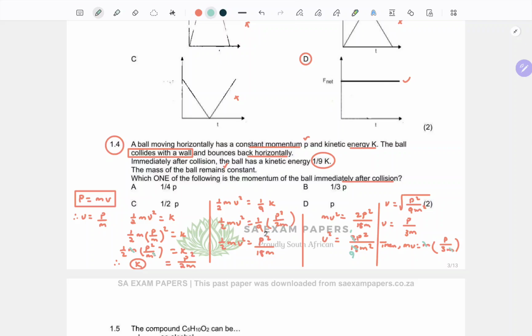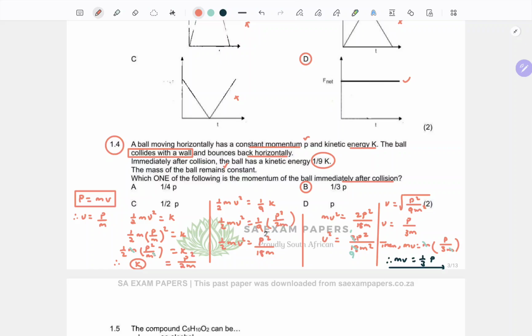Now the mass takes the other one out, so this means our mv is essentially 1/3 of P. So this is good. This means our answer must be B. Here there's no guessing, guys. As you can see, it's not that simple.